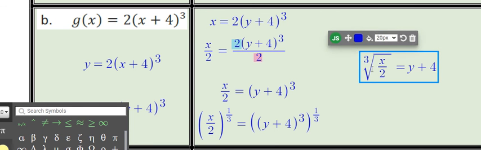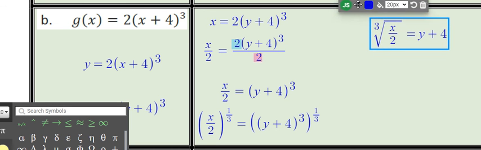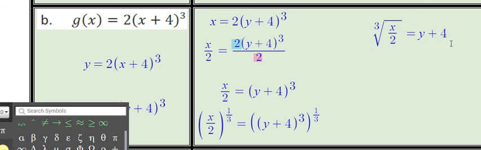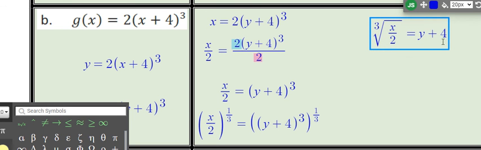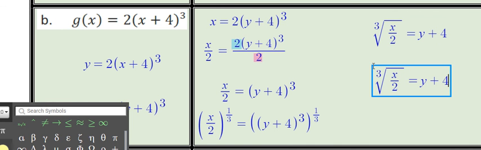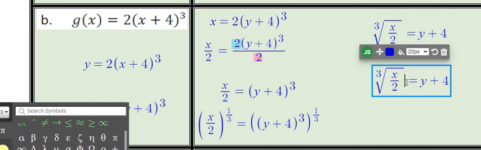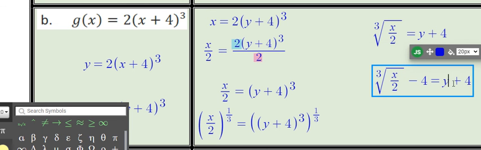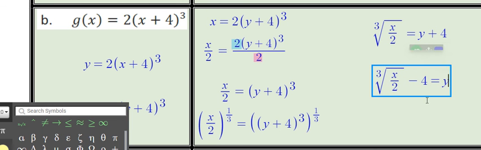And once we've gotten to this point, then things kind of fall into place for us because now all we've got to do is get y alone. So we need to get rid of the 4. So we just subtract 4 from both sides. And that's why.